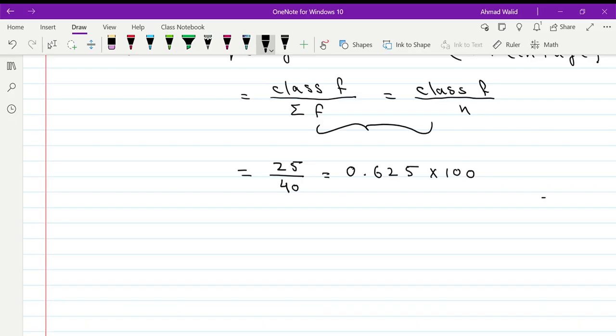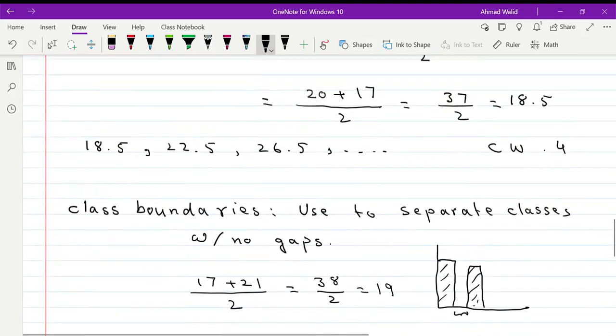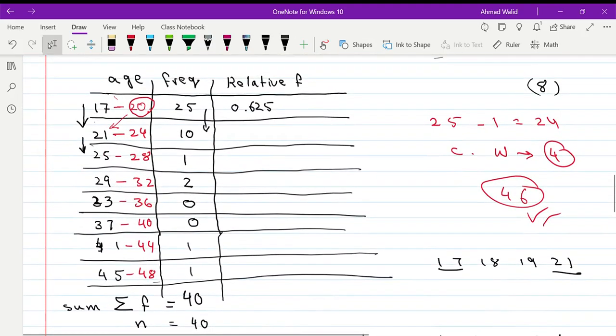Correct? When you divide, always use 4 decimal places, please. Always 4 decimal places. 0.625 times 100 gives you 62.5, correct?